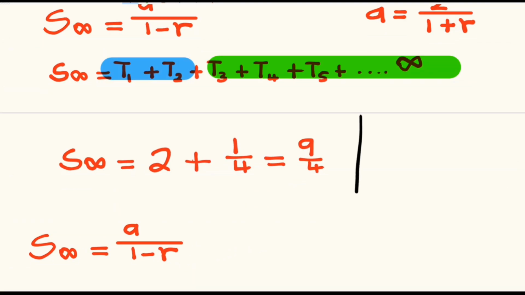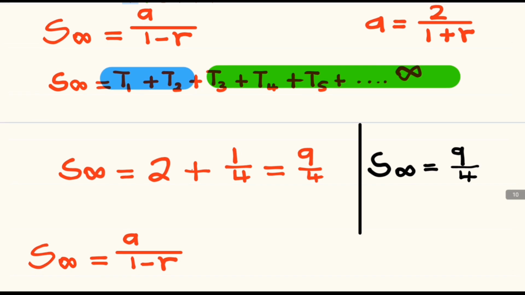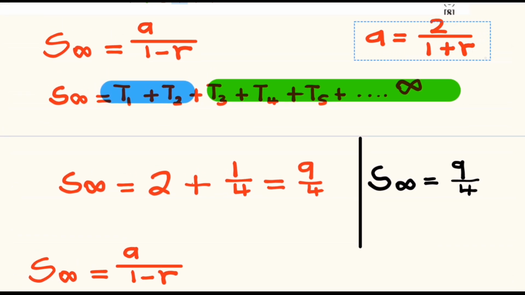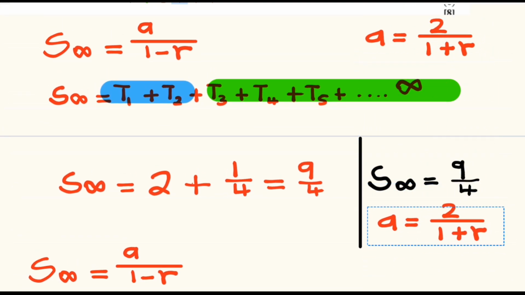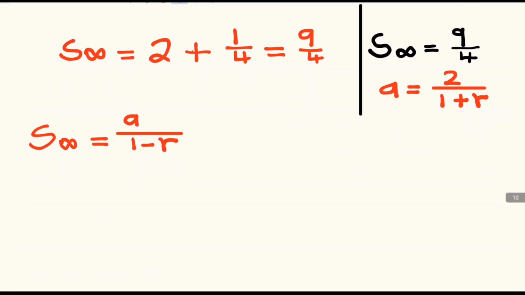So our sum to infinity, we just determined, is equal to 9 divided by 4, and our A is in terms of R. So for this formula for sum to infinity, we have that A is a fraction in the form of 2 divided by 1 plus R. So let's rewrite our formula using the traditional division sign.